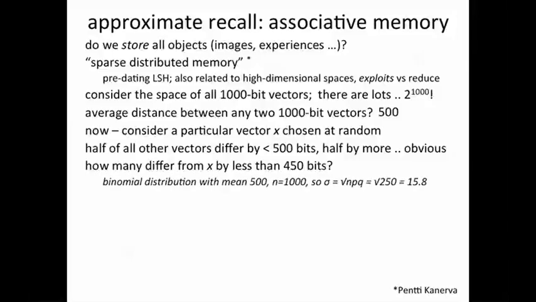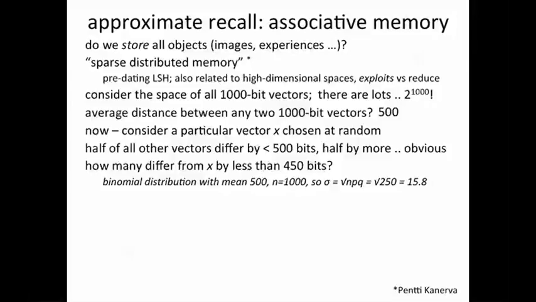That comes from probability theory. We use the binomial distribution with a mean of 500 and n equal to 1,000 because we're tossing 1,000 fair coins. The standard deviation of this is square root of 250. You can look this up in any probability textbook.